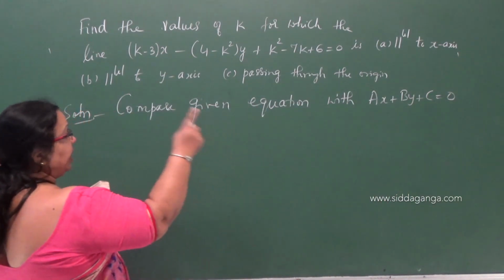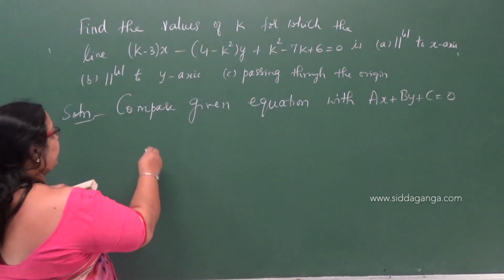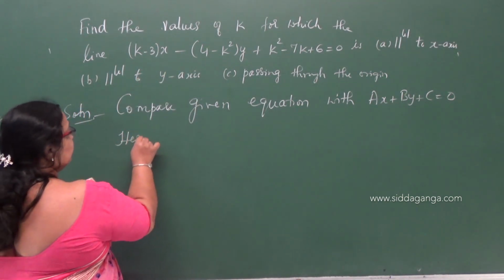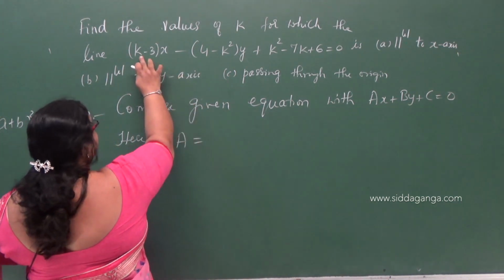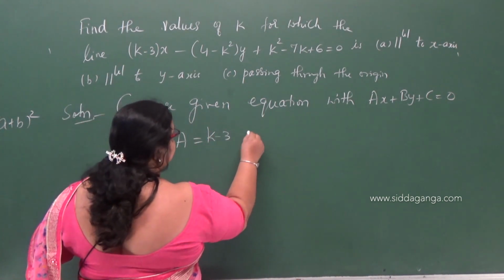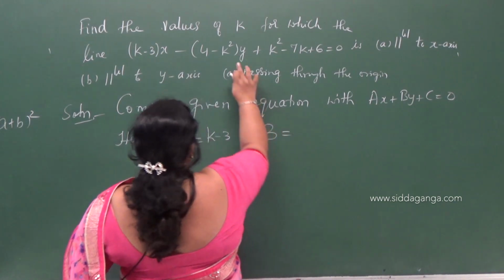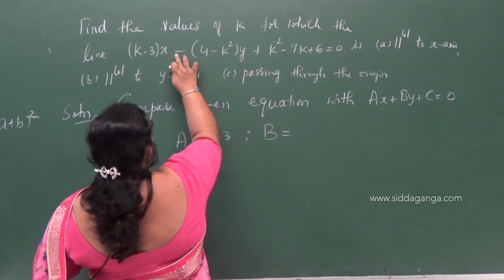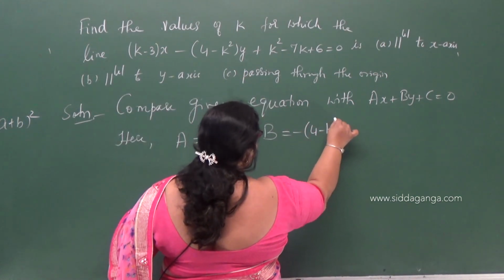Comparing, the x coefficient a is k minus 3. The y coefficient b is minus of 4 minus k square.